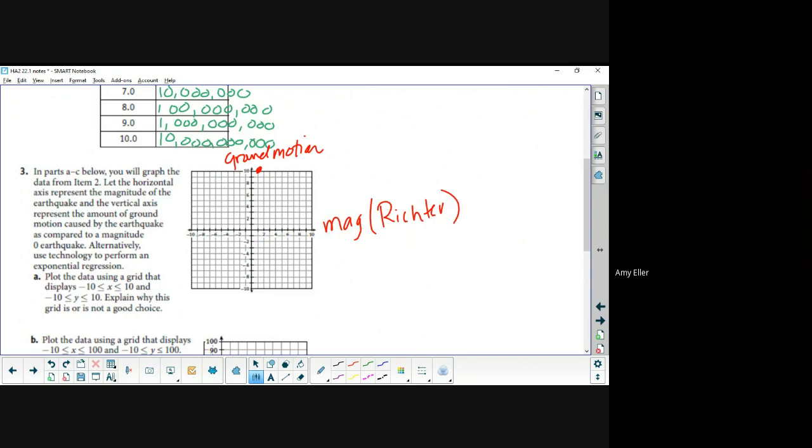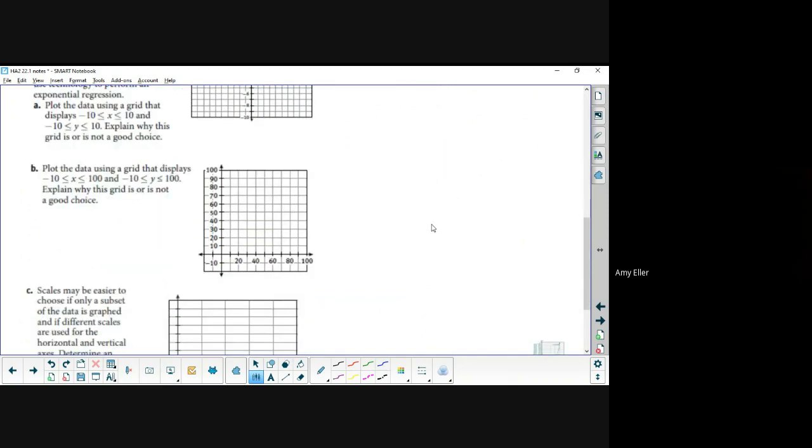B, plot the data, so same table, using the other grid. So they have now expanded it. Now plot your points in the next grid. We still have the same X and Y. Magnitude, Richter scale, ground motion.